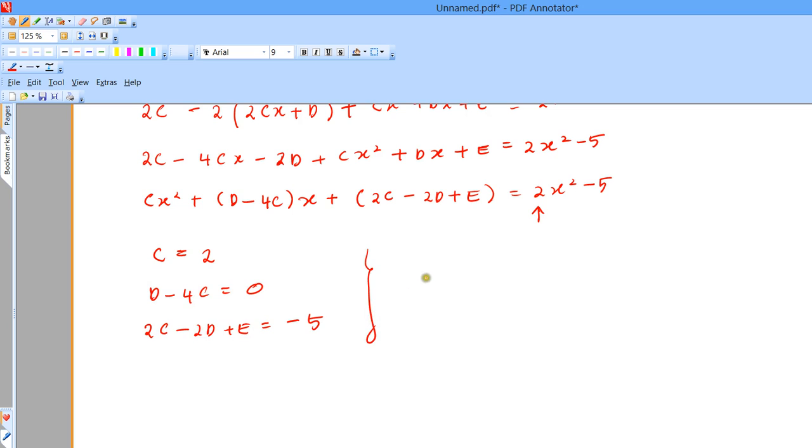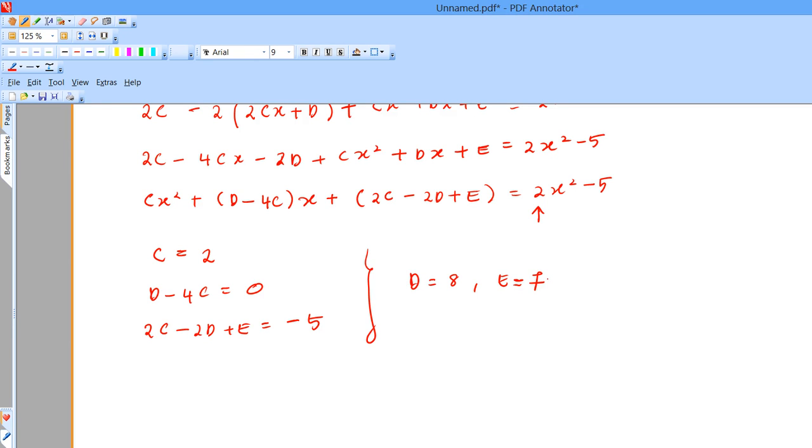If you solve, we get c equal to 2, and then we get d equal to 8, and e equal to 7.